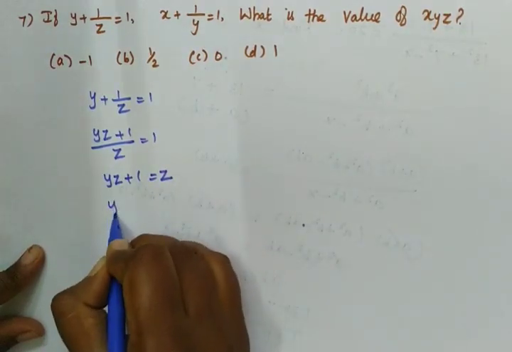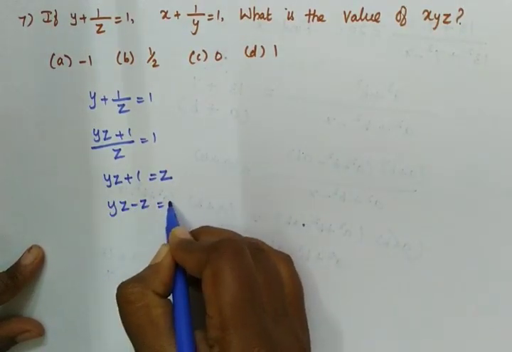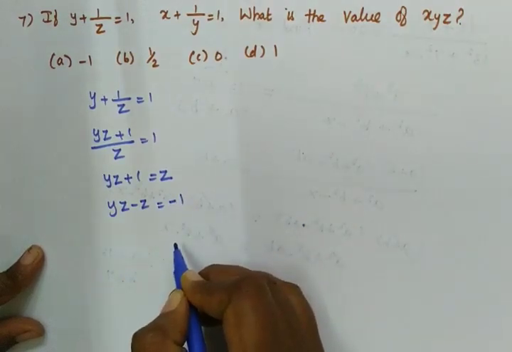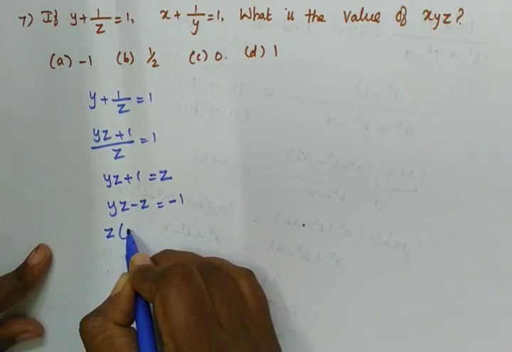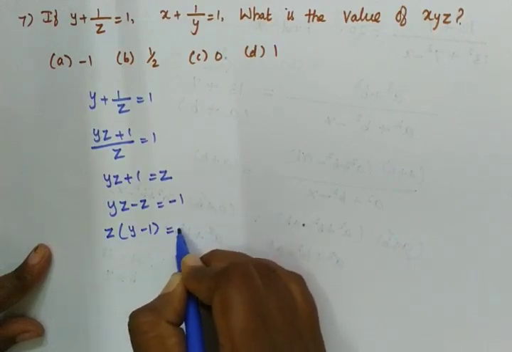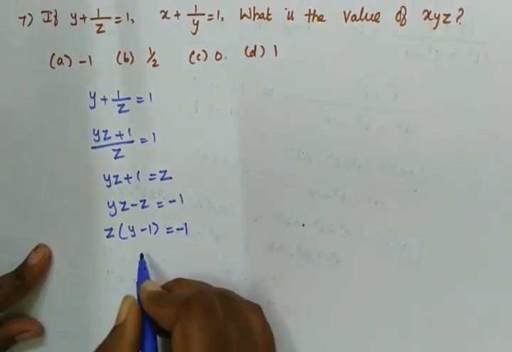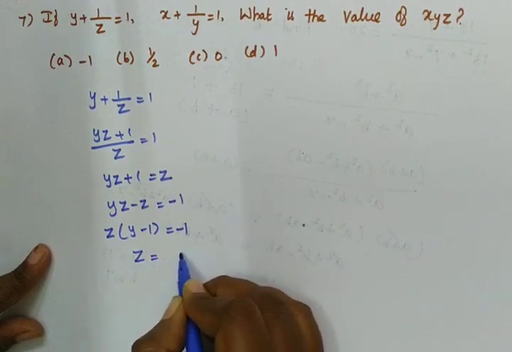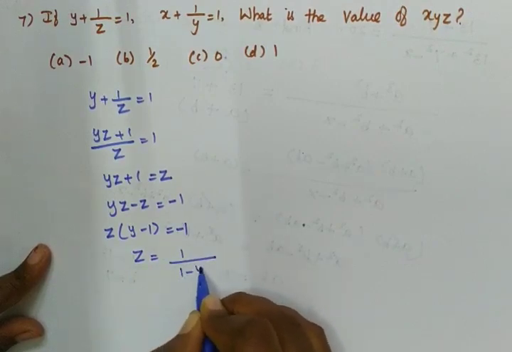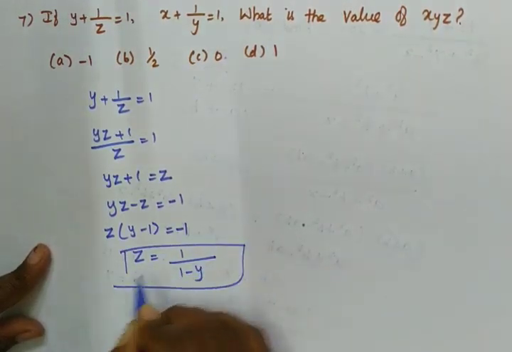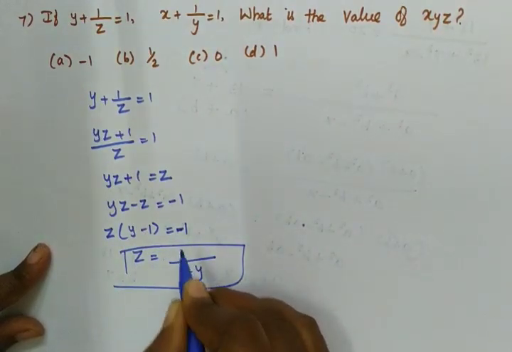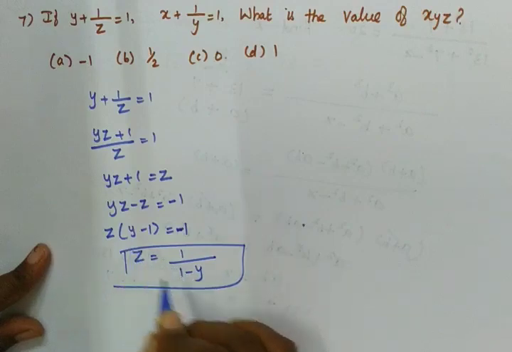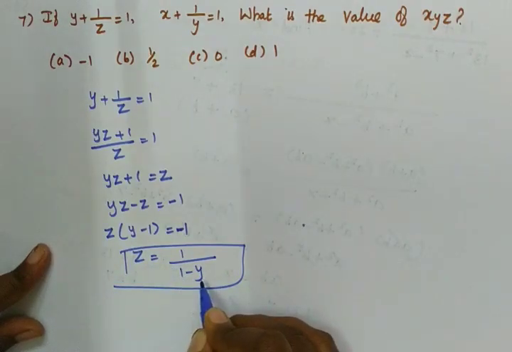Now take the z this side. So yz minus z will be equal to minus 1. From this we can take z as common. So z into (y minus 1) is equal to minus 1. Now we can write z is equal to 1 divided by 1 minus y. So we had minus, but here we have y minus 1. So if we take this side, this will become positive. So we can interchange this to 1 minus y.